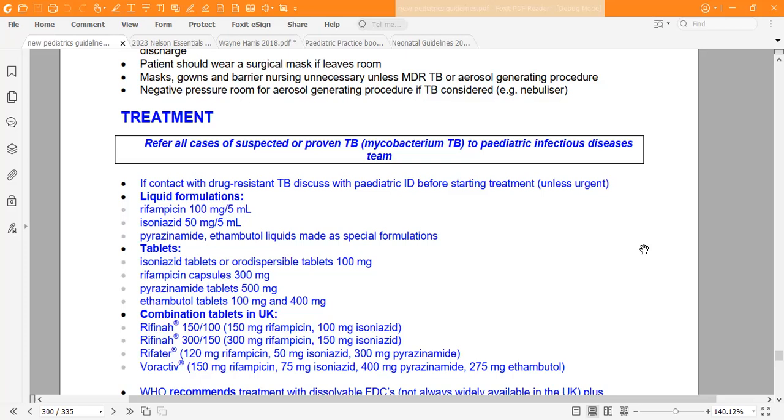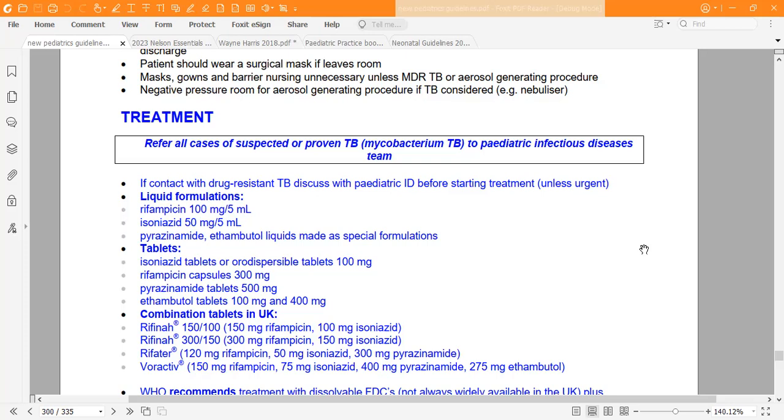Pyrazinamide and ethambutol liquids are made as special formulations. For tablets, isoniazid tablets, oral dispersible tablet. Rifampicin as well, capsule in a concentration of 300 milligram, pyrazinamide in 500 milligram, ethambutol tablets in 100 milligram and 400 milligram.